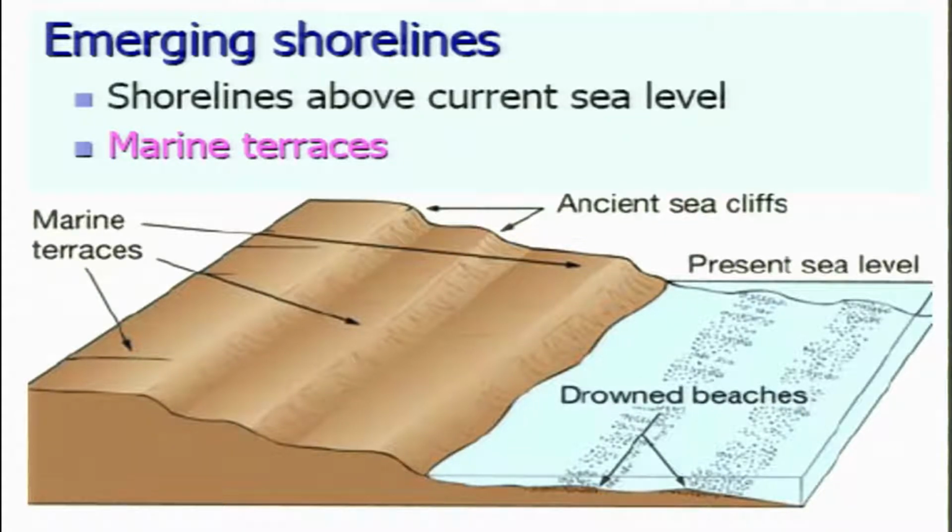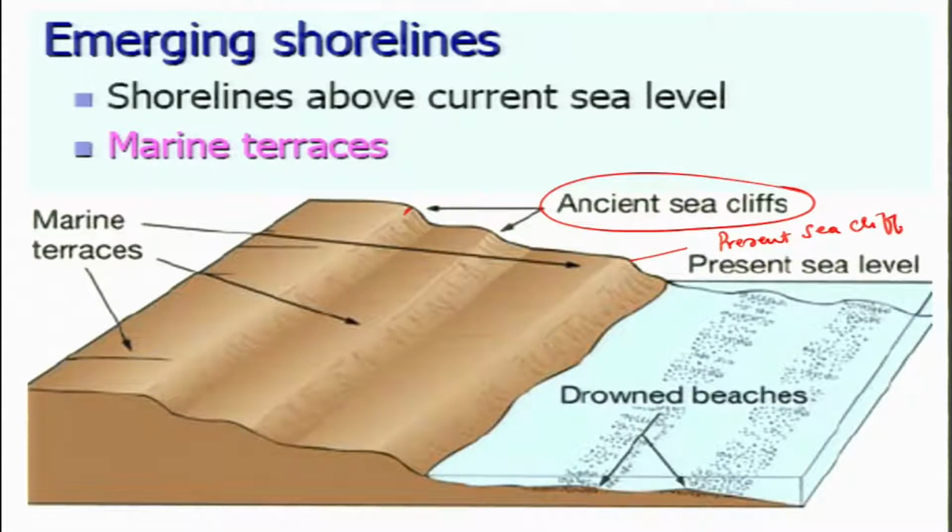So what does it indicate? This step or this point indicates the ancient sea cliffs, okay. And the present sea cliff is this one. So this is the present sea cliff, and these are all ancient sea cliffs, okay.